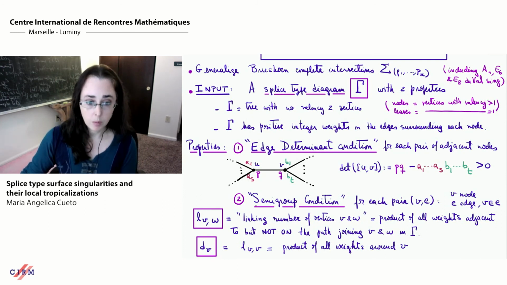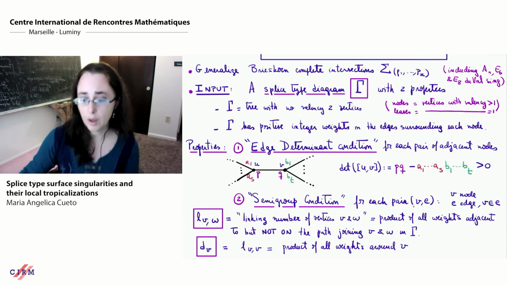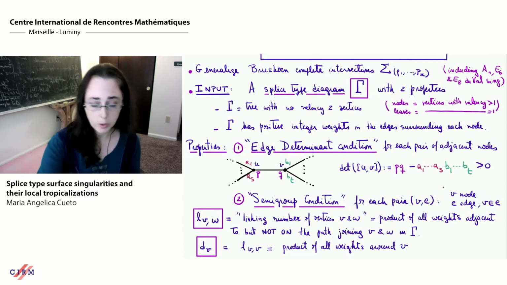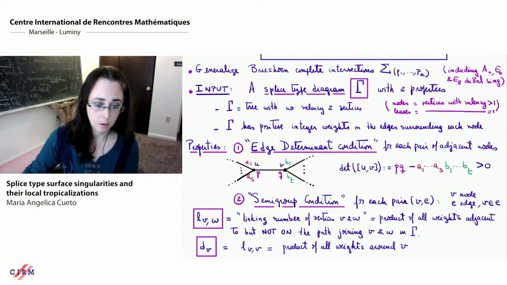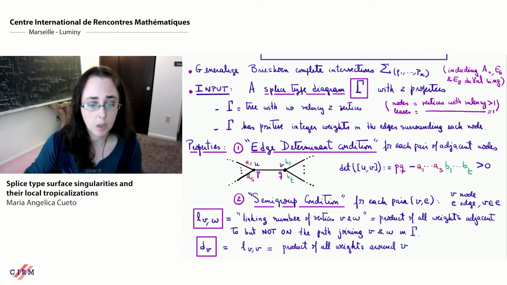The second property I have to impose is the so-called semigroup condition. This condition is required for every pair of a node and an edge adjacent to that node. I'm going to build a semigroup, constructed from generators, and these generators are what we call the linking numbers of the vertices.